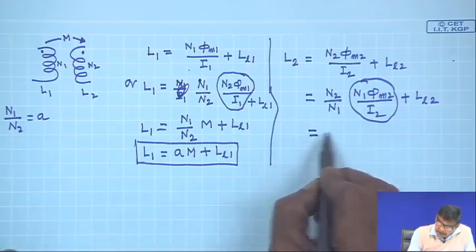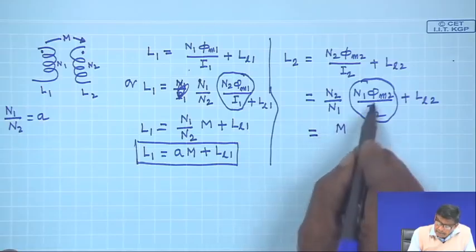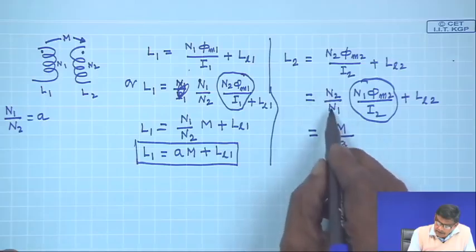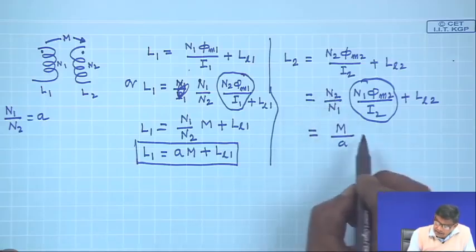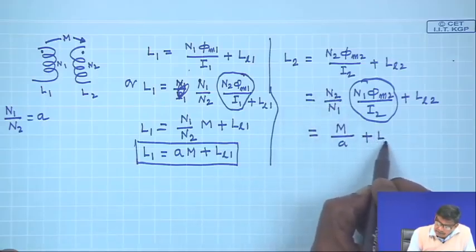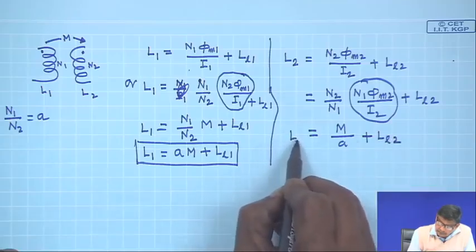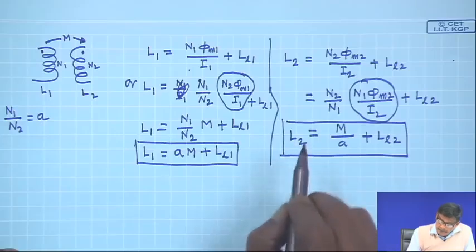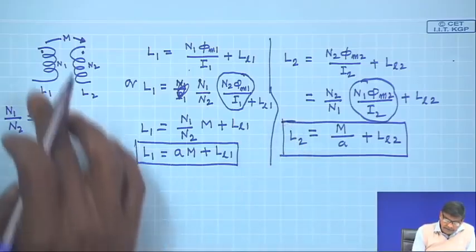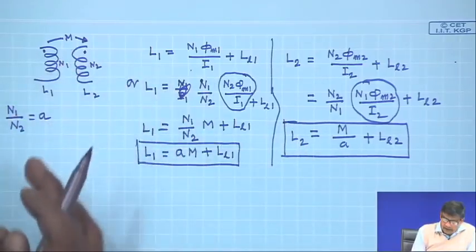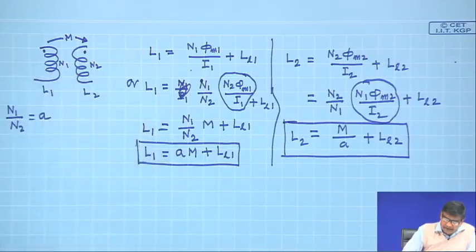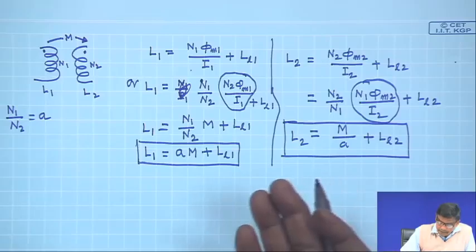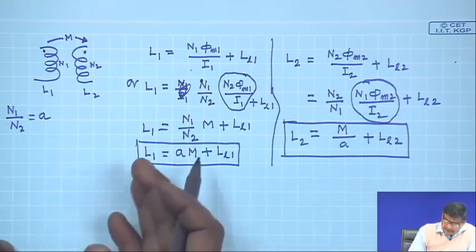So this can be written as M by a, this N1 by N2 is a, so 1 by a, N2 by N1, plus L_L2. And mind you, these I1, I2 are the currents considered, I consider DC current, one excited at one time, but in any case this is the thing.